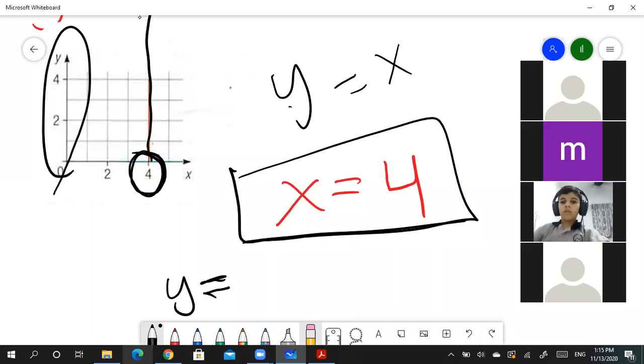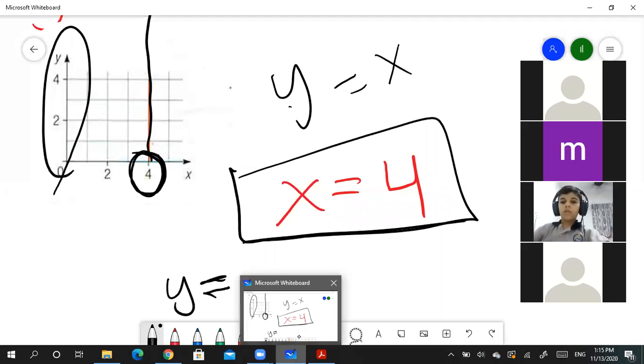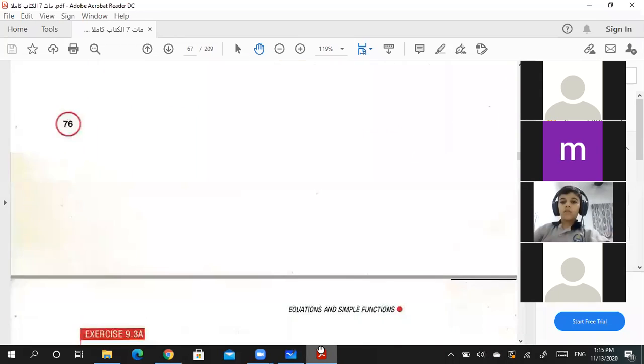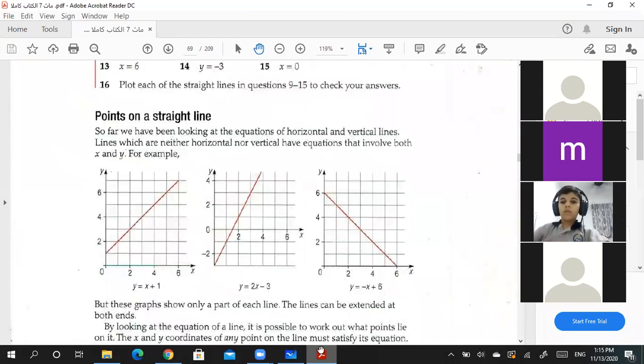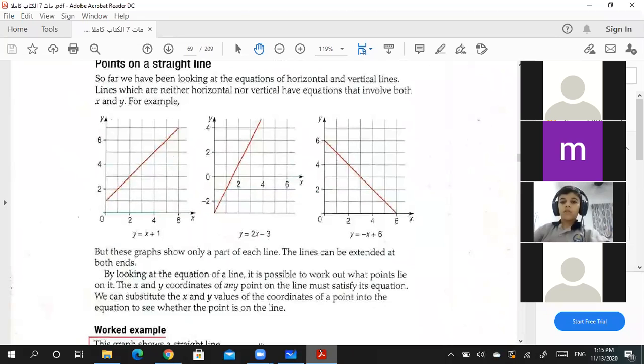Teacher, if this question came in the exam, how is it going to come? In the exam, I might ask you, what is the equation for this line? And I might give you multiple choices. Also it can be about the points on a straight line.